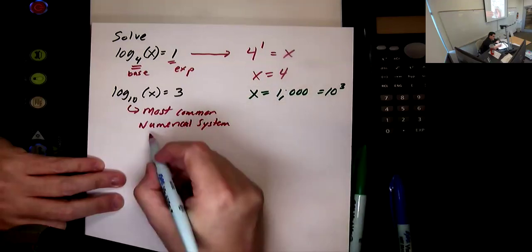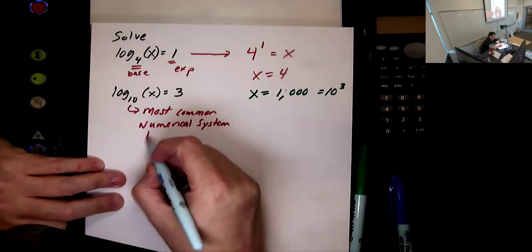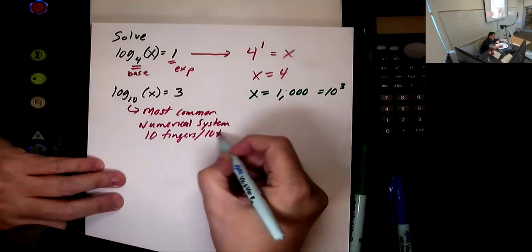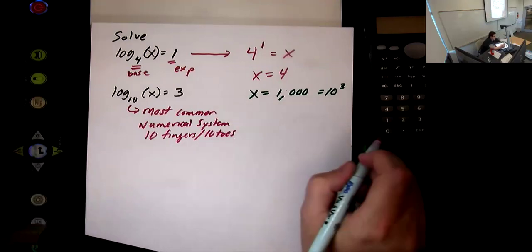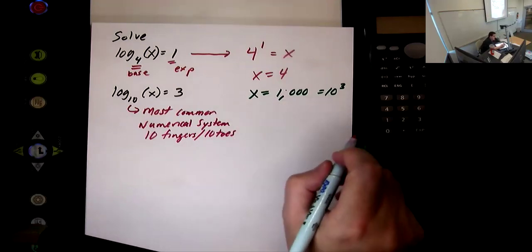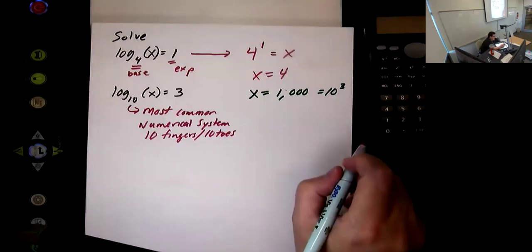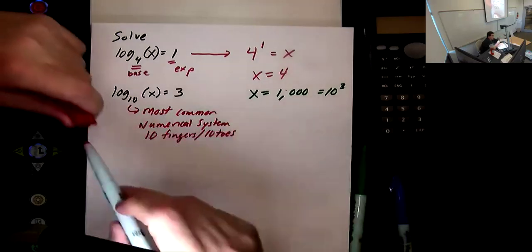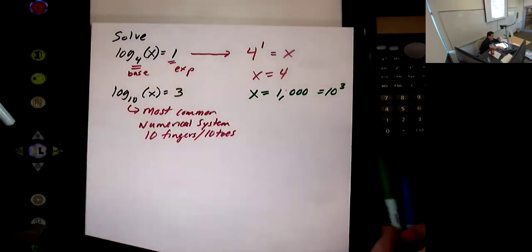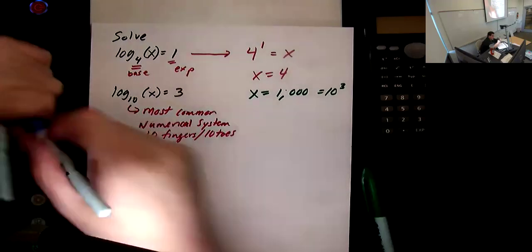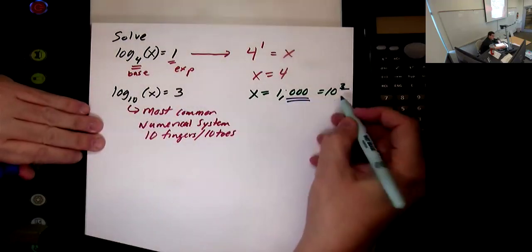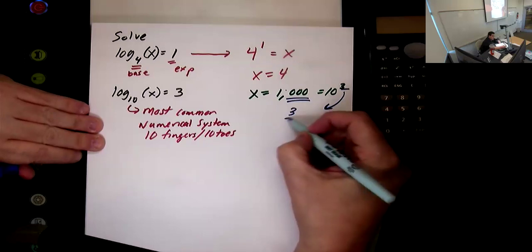That's because most humans have 10 fingers and 10 toes, and that's how we got good at counting. We used our hands to start doing math, and that formed a natural basis of our numbering system. It's really convenient for exponents because the 3 tells you how many zeros there are. 3 zeros.